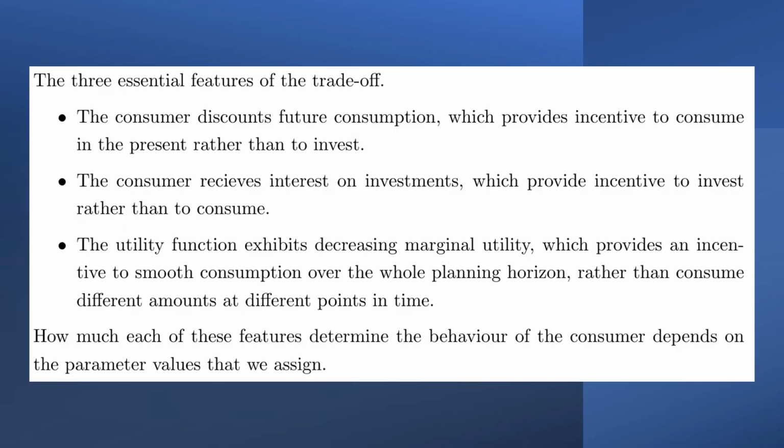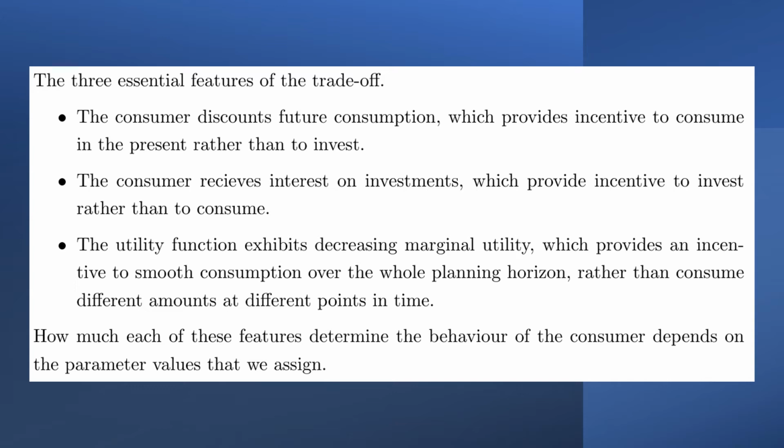Before solving the model, I just want to mention the basic mechanisms that this model captures. First, the consumer discounts future consumption, and this provides an incentive to consume right now rather than to invest in the future for later consumption.